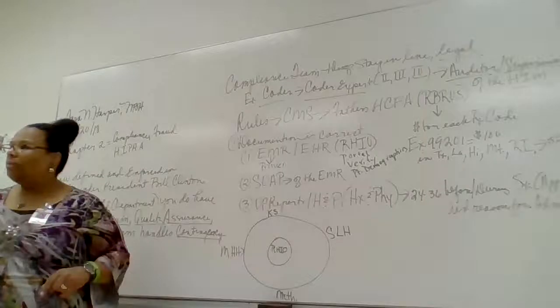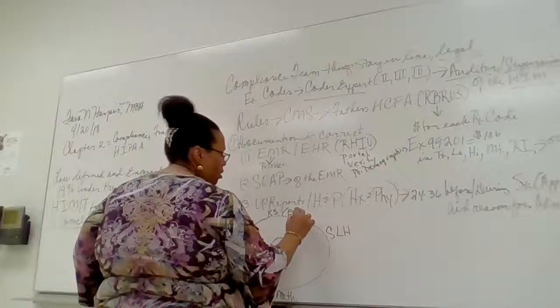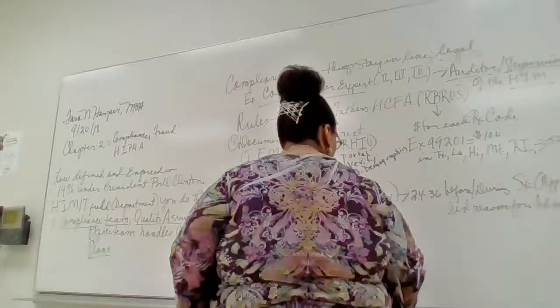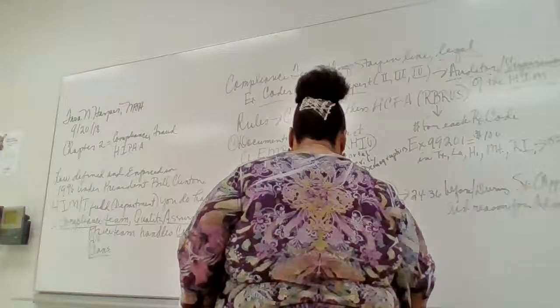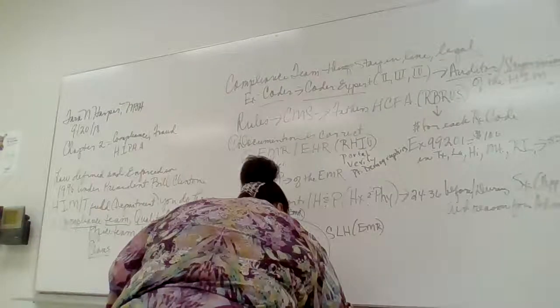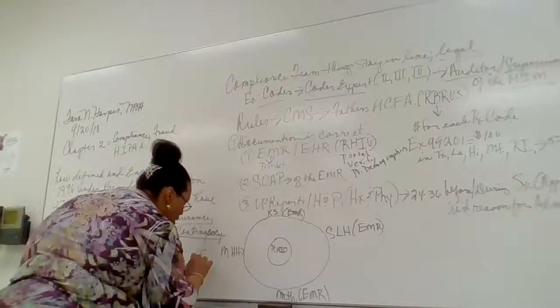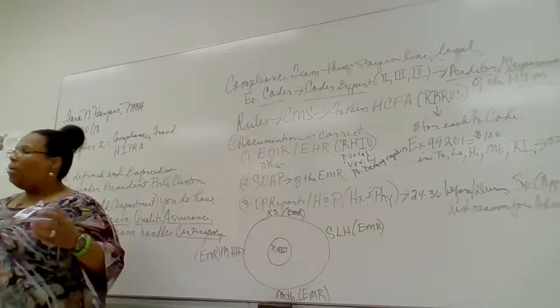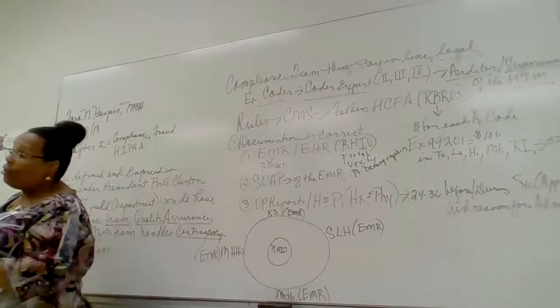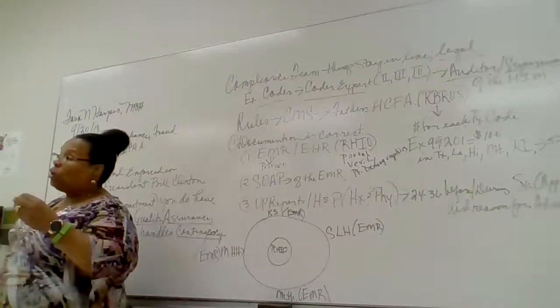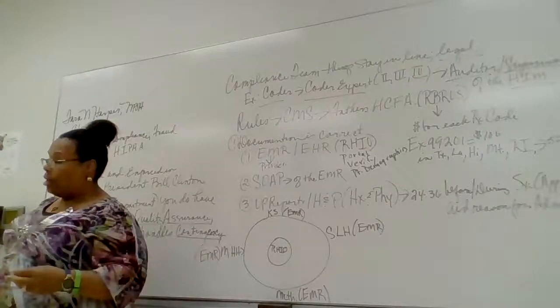This one has an EMR, this one has an EMR, this one has an EMR, this one has an EMR. Electronic medical records are pertinent, Gabriel, to each provider. Meaning they're significant.